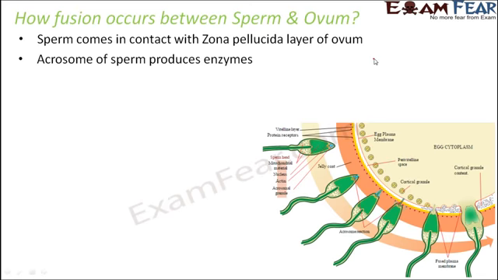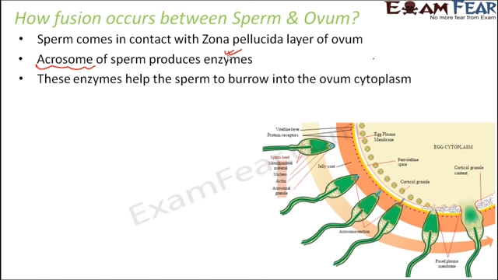The head has a cap which is called the acrosome, and the acrosome has certain enzymes. And what do these enzymes do? These enzymes help in hydrolysis. Now when the sperm comes in contact with the zona pellucida, which portion of the sperm comes in contact with it? The head, obviously. So the acrosome comes in contact with the zona pellucida.